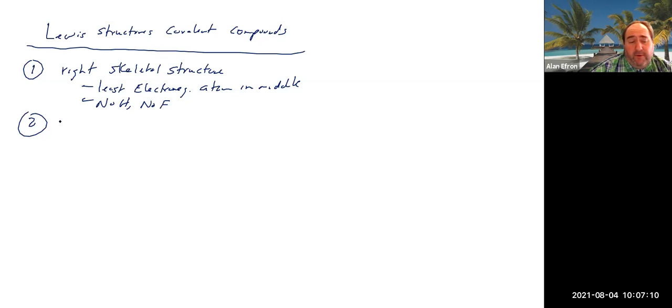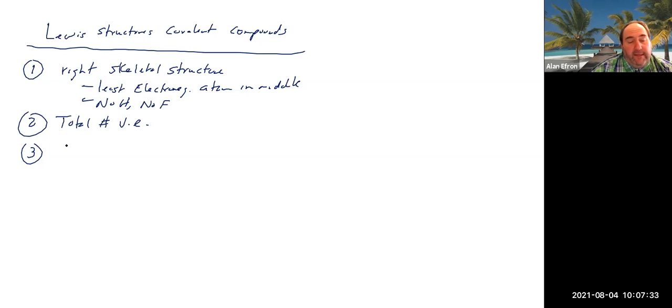The most important thing is the total number of valence electrons. After you've got the arrangement, you get the total number of electrons that you have to use. That number is important because your picture should have exactly that number, no more, no less.